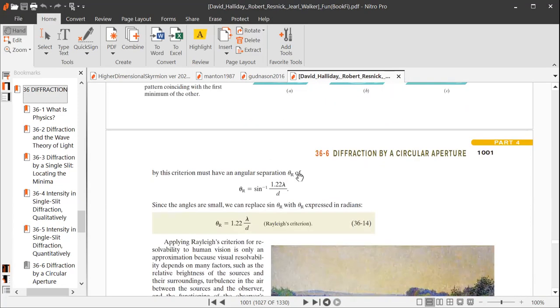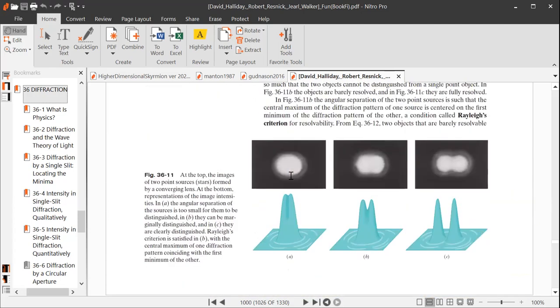This is the so-called Rayleigh criterion. The angular separation of the diffraction is theta R, where sin theta R is equal to 1.22 lambda over d.